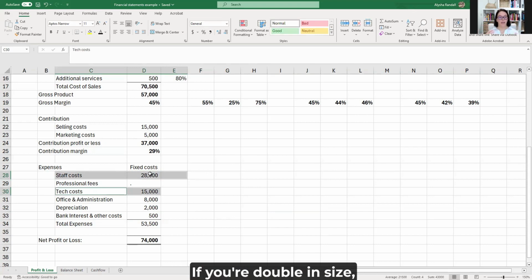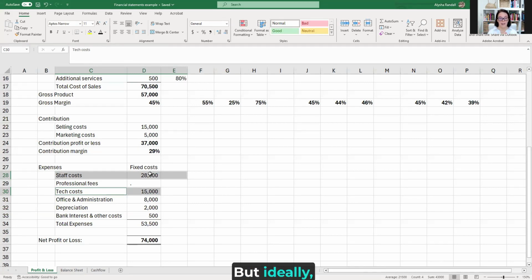If you double in size, you may need an in-house finance team, whereas previously you just had a bookkeeper outsourced. Or with tech costs, you might have AWS costs, for example, or subscriptions for every single staff member, or subscriptions for every single 1,000 users, for example. And again, the bigger the company gets, the more this increases.